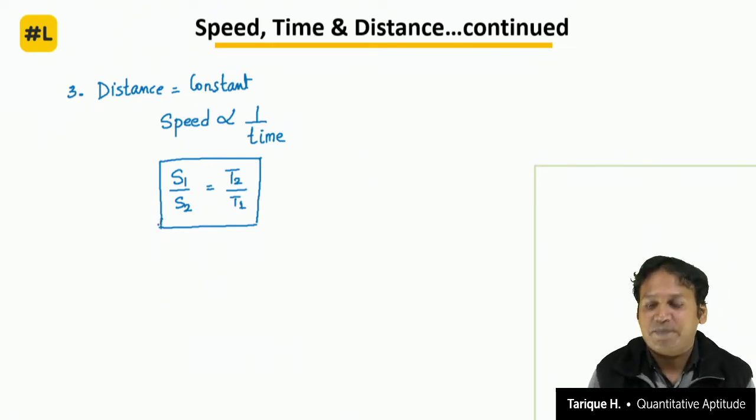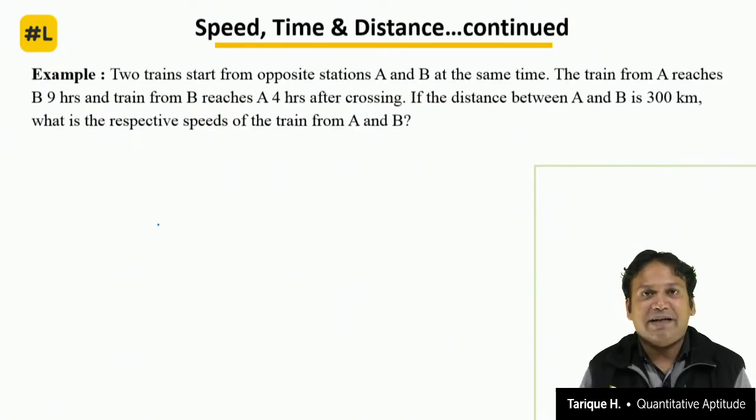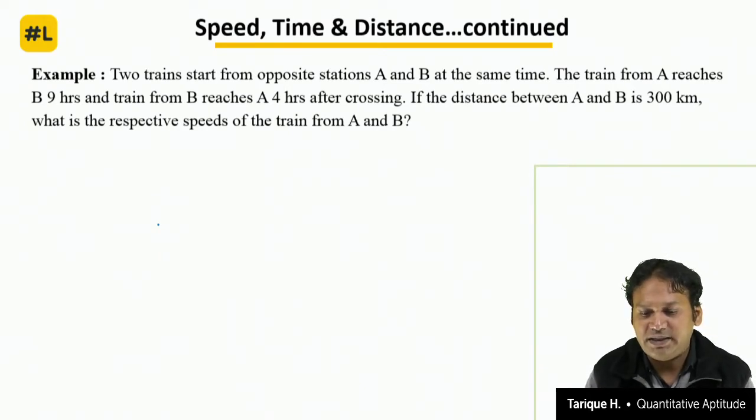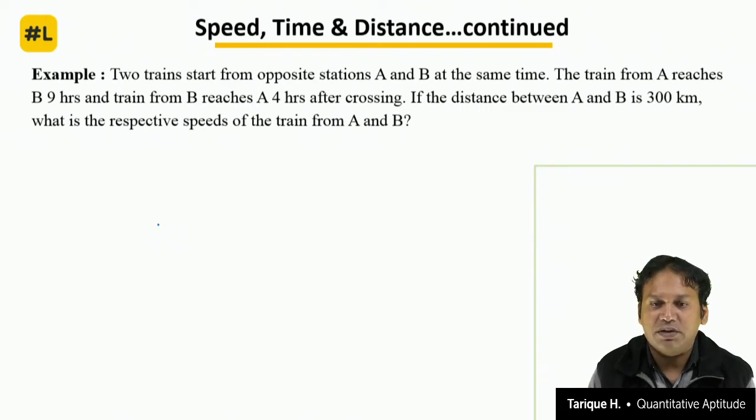Three formulas are there. Now, let us take one example question here. Two trains start from opposite stations A and B at the same time. The train from A reaches B 9 hours and train from B reaches A 4 hours after crossing. The distance between A and B is 300 kilometers.